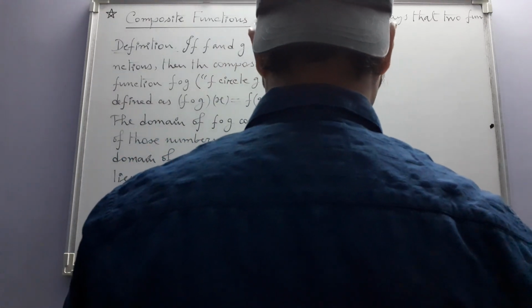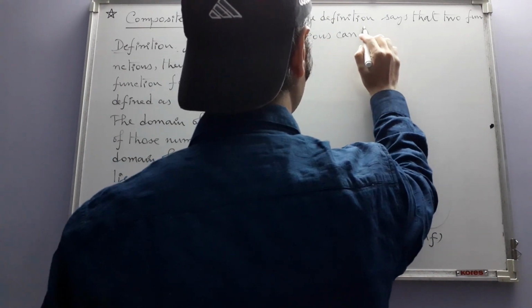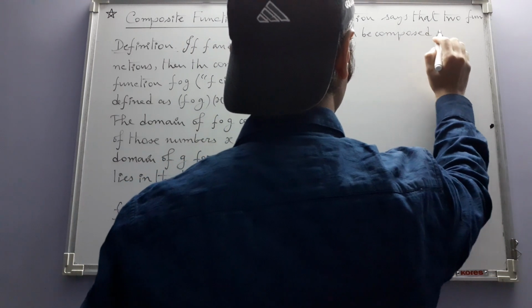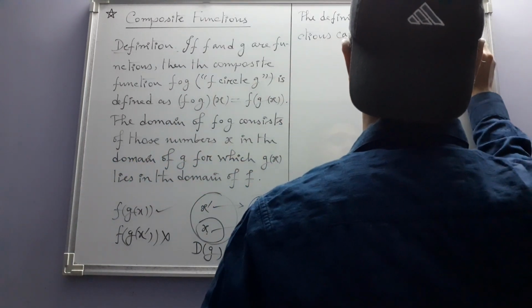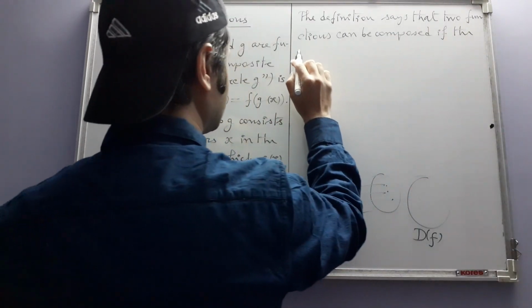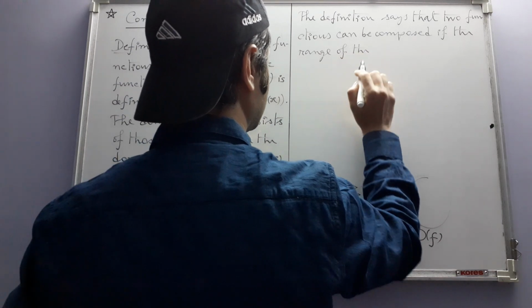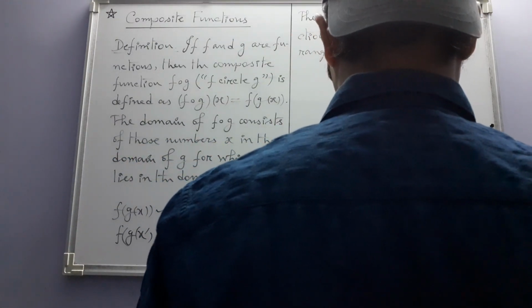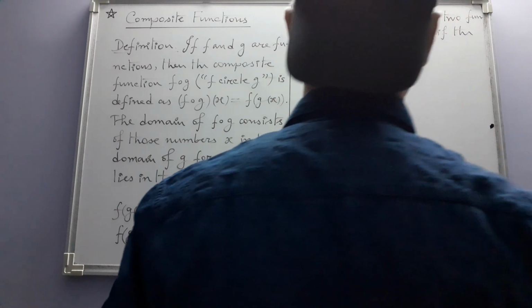the definition says that two functions can be composed if the range of the first is contained in the domain of the second.